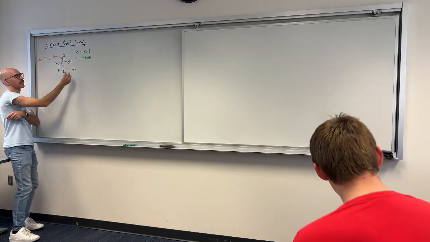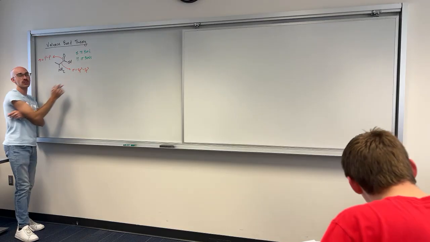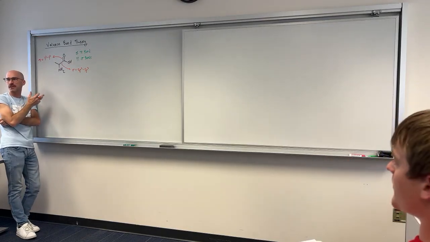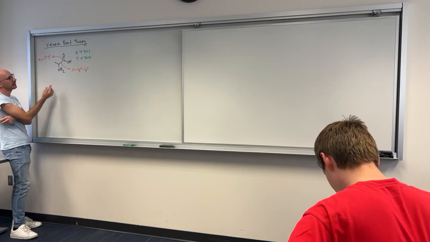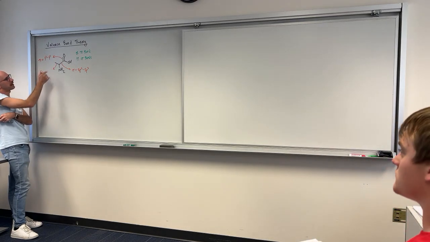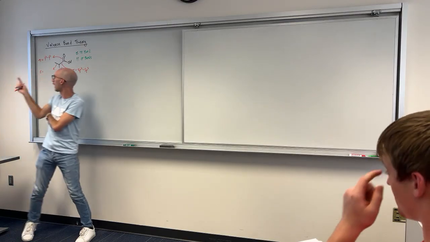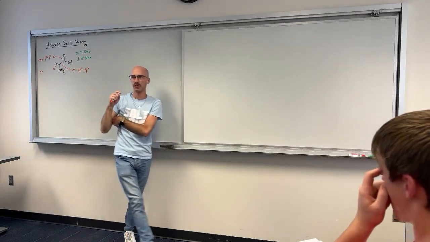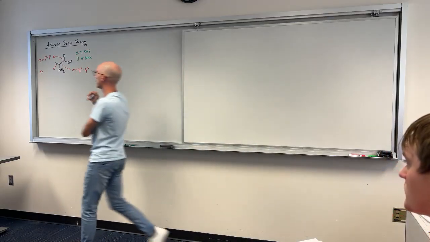So the sigma bond that they have is the result of an overlap between an sp2 orbital and an sp3 orbital. Then I can look at the sigma bond caused by the overlap of this carbon-to-carbon bond. What orbitals overlap to give me this sigma bond? sp3 to sp3.